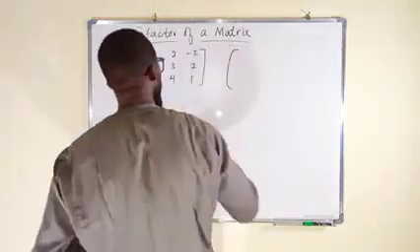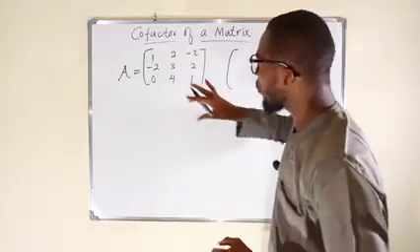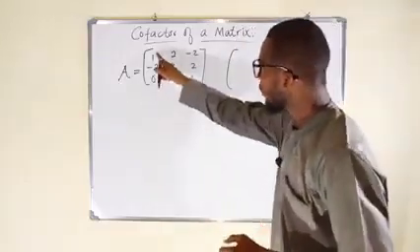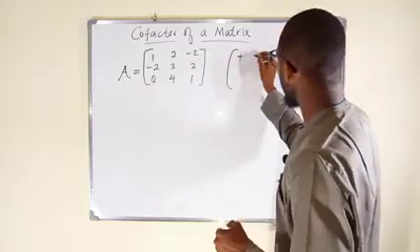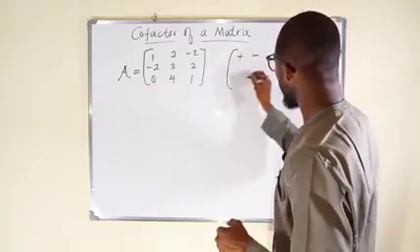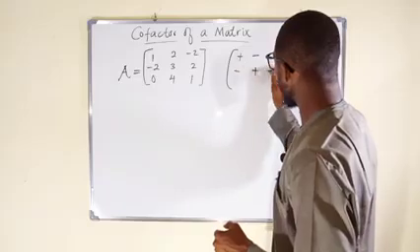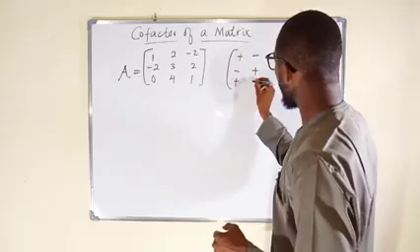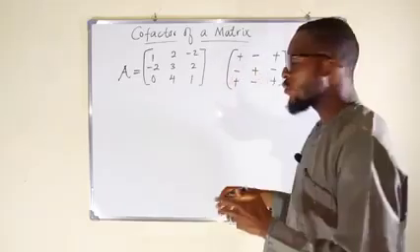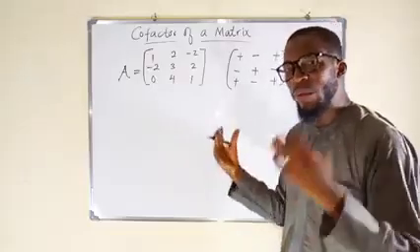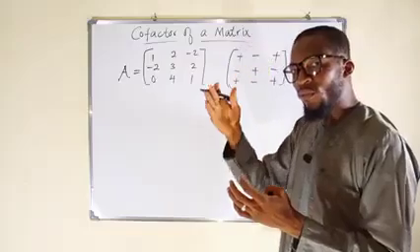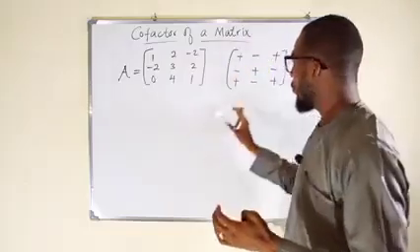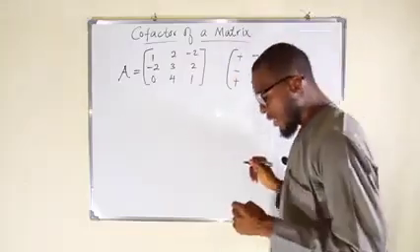So this matrix, to find the cofactor of these entries, the first element here will be positive, will be multiplied by positive, negative, positive, negative, positive, negative, positive, negative, positive. So instead of multiplying each minor by -1 to the power of the sum of the row and column of that entry, we can admit this.